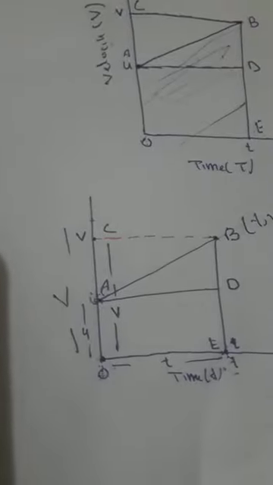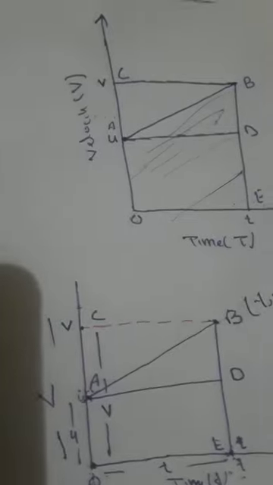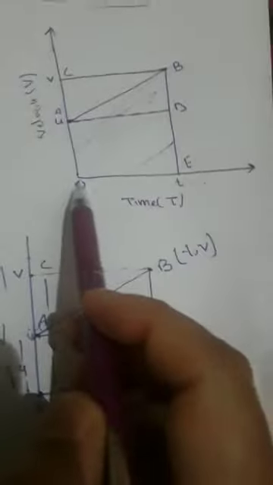1/2 sum of parallel sides. This side and this side are parallel, that means BE or EB plus OA, the sum of parallel sides, multiplied by the distance between them. The distance between them is OE or AD, which is multiplied by OE.